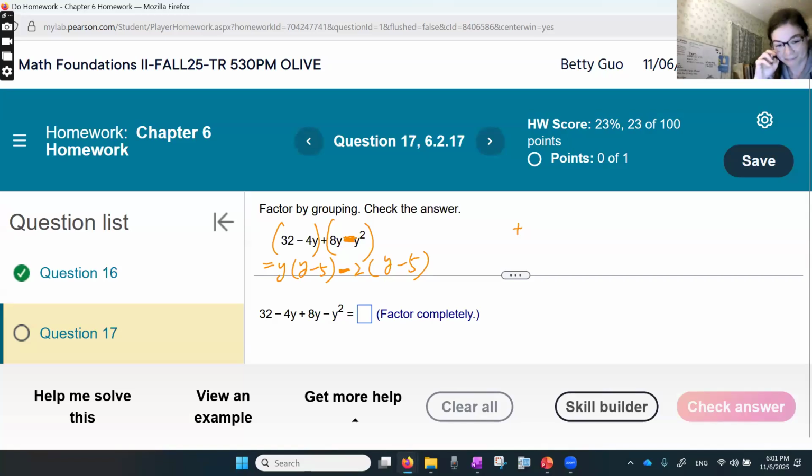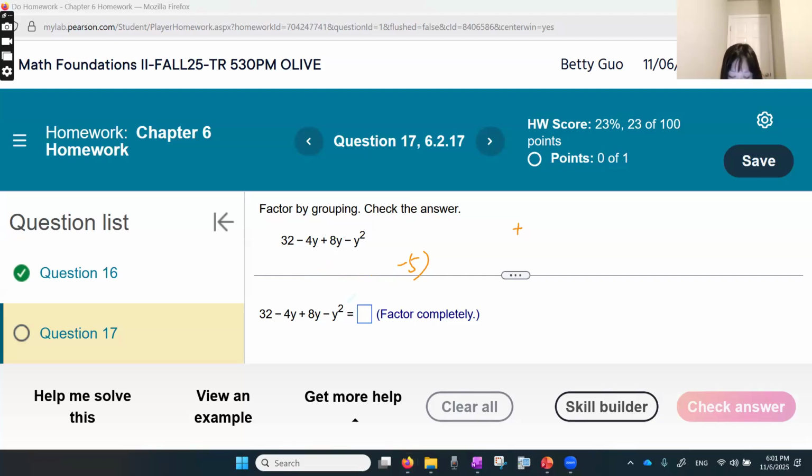Okay, very good. So question number 17. We're going to use the grouping method again, just repeating the same method, because there are 4 terms. 32 and 4, 4 is the GCF, so 8 minus y. Factor y out, a minus y.